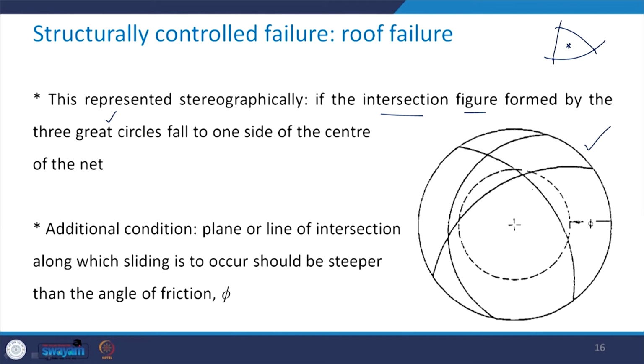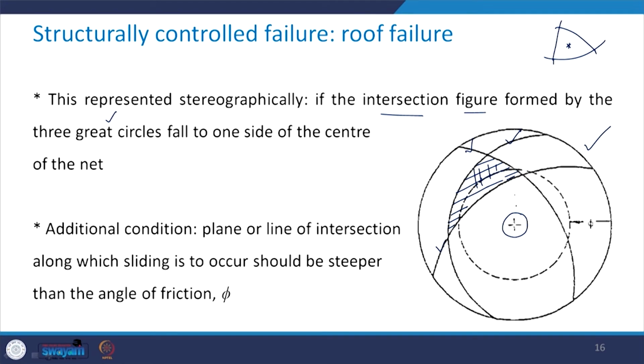But in this case, you see that these are the three great circles, first, second and third one, and this is the intersection of these three great circles, and you see the circle center is lying here, which is not inside this intersection part, it is outside.